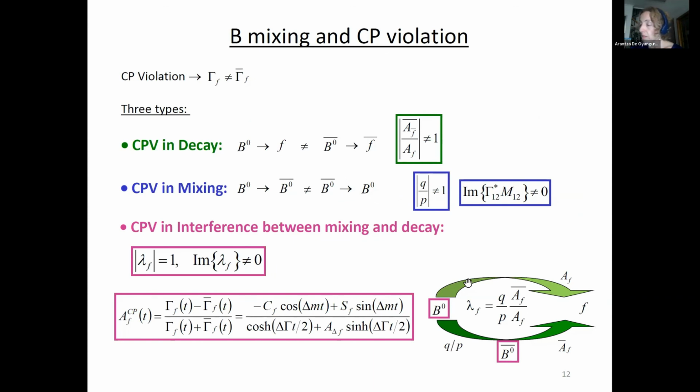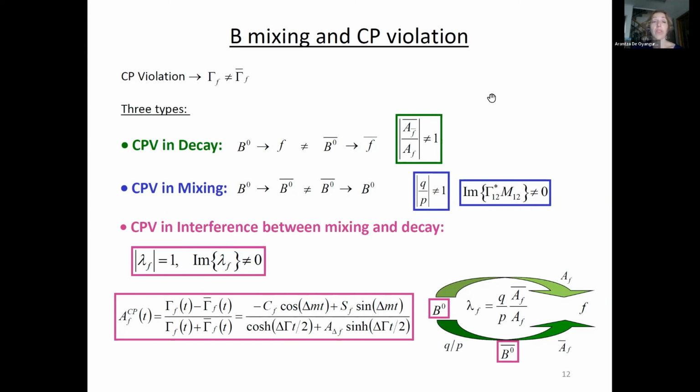So I don't know if I have time, and I don't think I will have too much time to explain CP violation, but let me just explain a bit. We will have a CP violation if we observe that the decay width for the decay of a particle and the decay of an antiparticle is different.